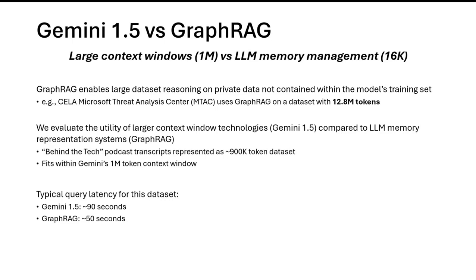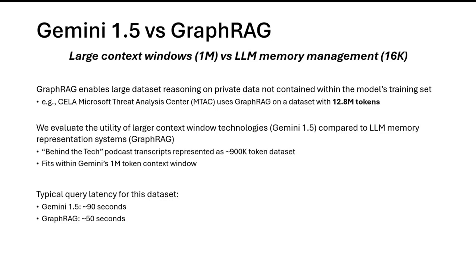Again, 1 million is the window. If you have data larger than 1 million, you are bounded by the context window, and you would have to rely on a RAG solution or something similar anyway. But since we have a transcript, we can go with this.